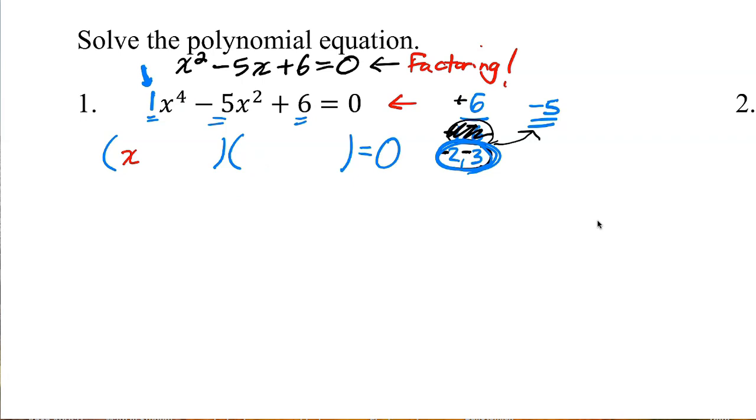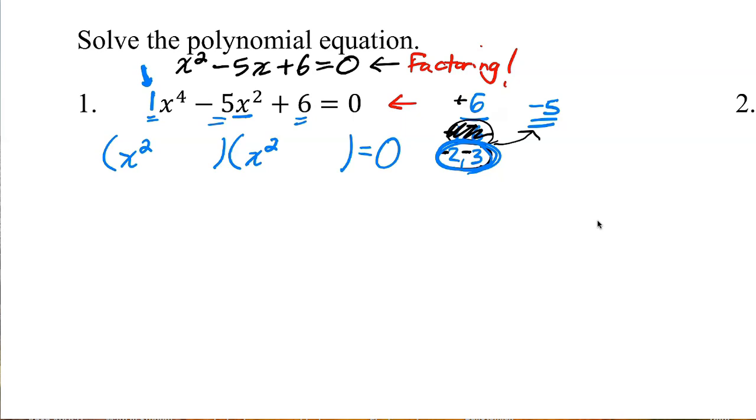So instead we're going to write x squared times x squared, and that multiplies to give x to the 4th. If you're ever not sure what you should use there, you can always peek at this middle term. That x squared there is going to help you identify that it should be x squared and x squared.